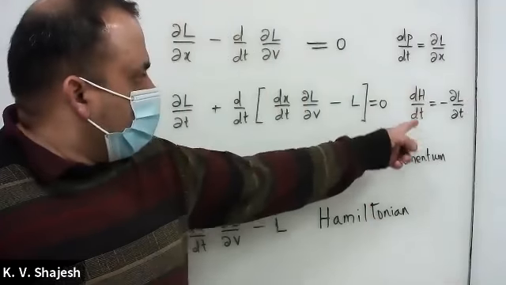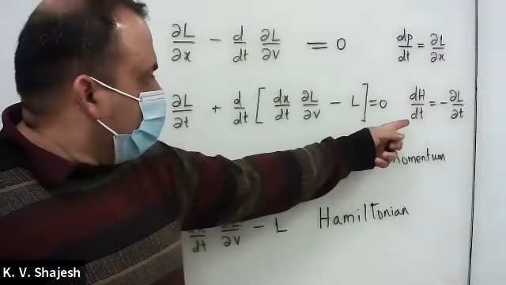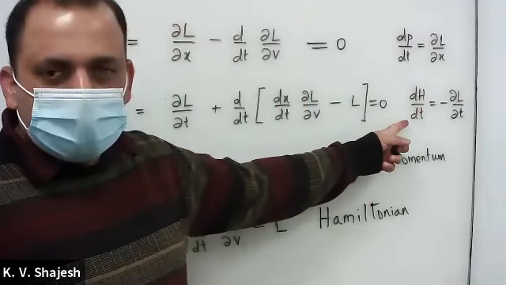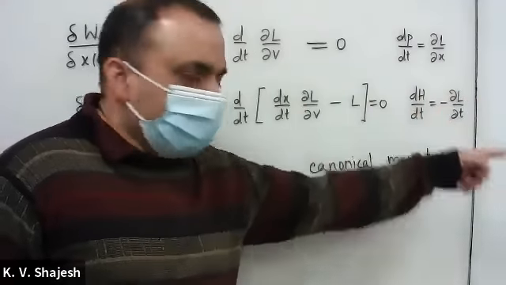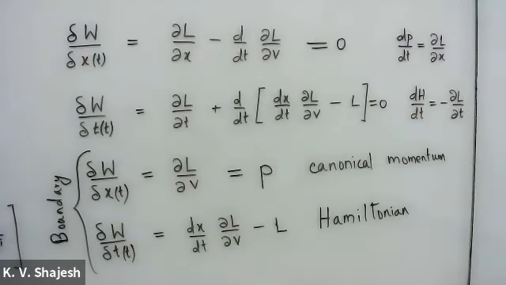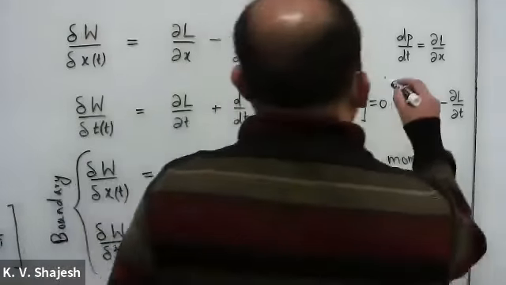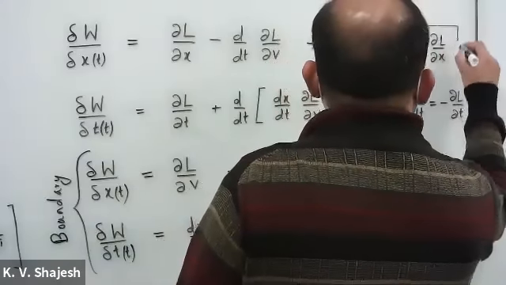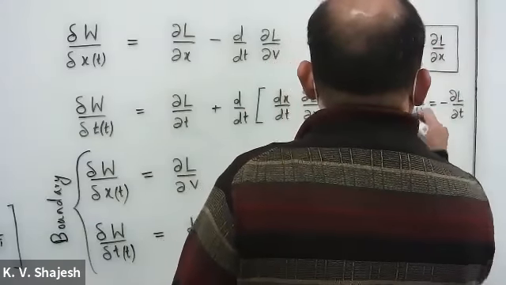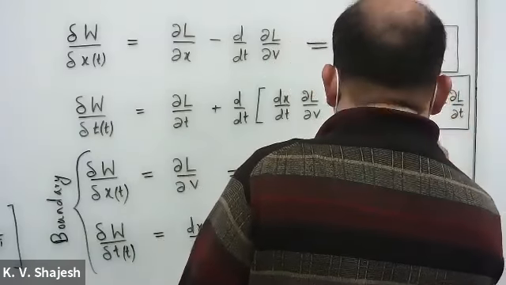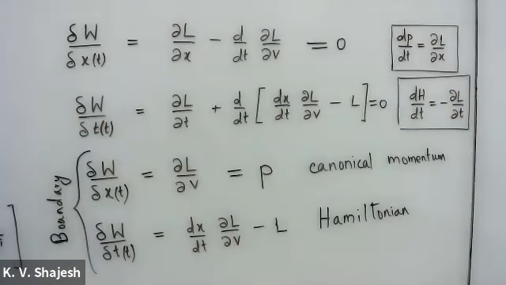The total derivative of the Hamiltonian with time is actually the negative of the partial derivative of the Lagrangian with time. So that's your equations of motion. These two are equations of motion, and these two are definitions of momentum and Hamiltonian.